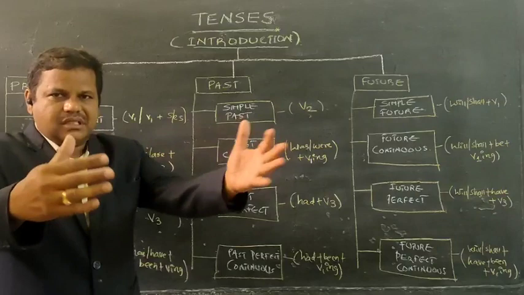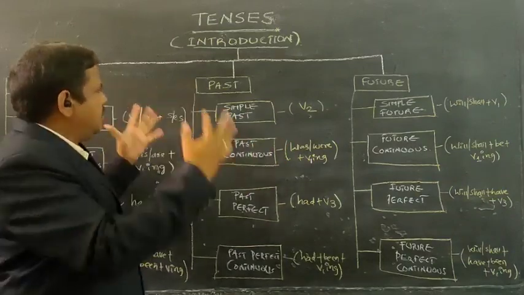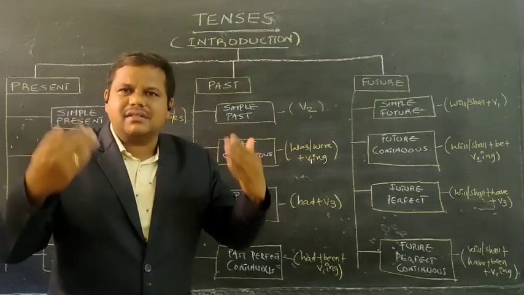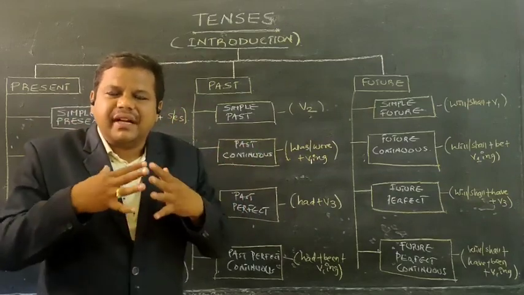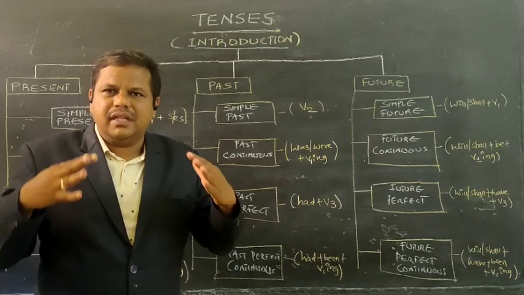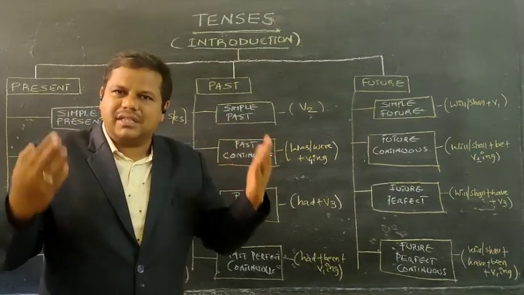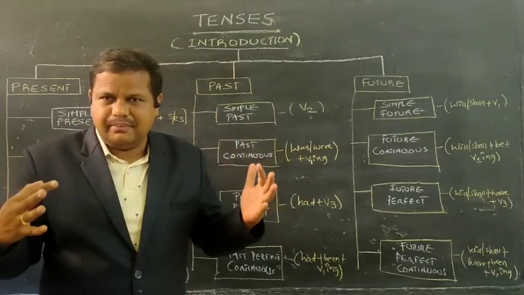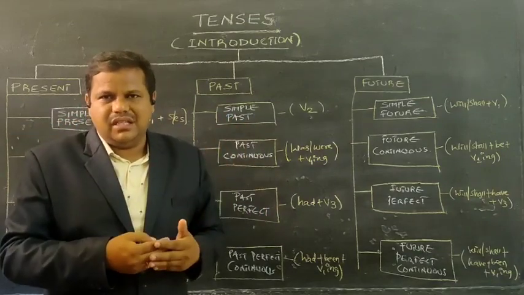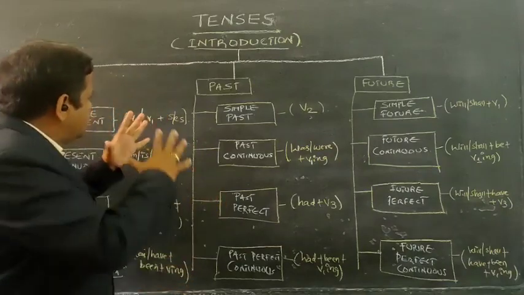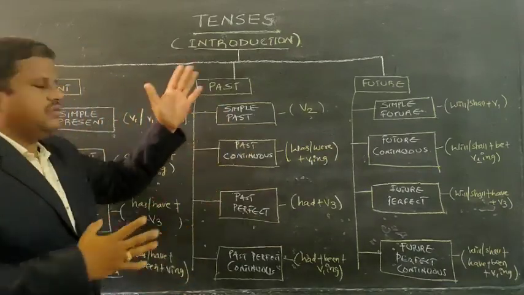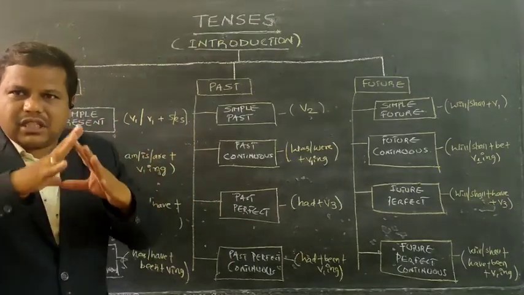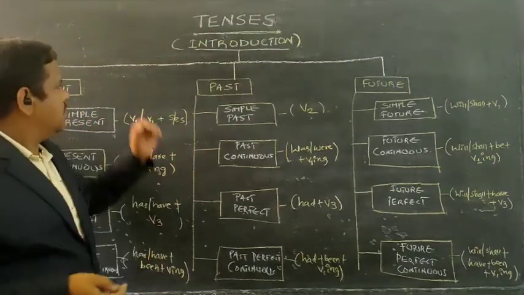We are going to take a few examples with this table. In the next sessions we will see different examples, what the structures are, and how to write your tenses with a number of examples over a number of sessions. But today we are going to see just the present, past and future forms with the number of states, how they are classified and what the basic structures of the tenses are.